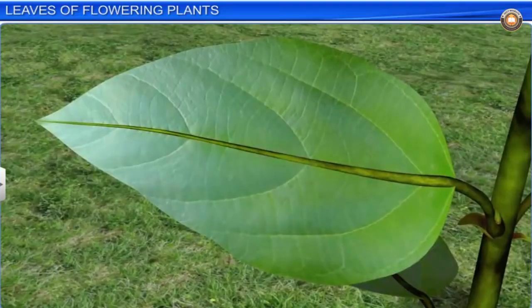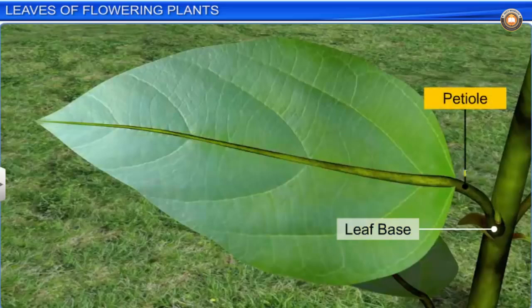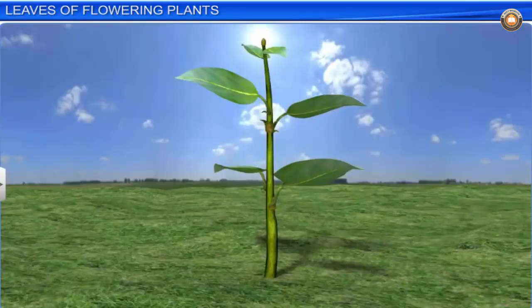A typical leaf has three main parts: leaf base, petiole, and lamina. The leaf is attached to the stem by the leaf base and may bear two lateral, small leaf-like structures called stipules.